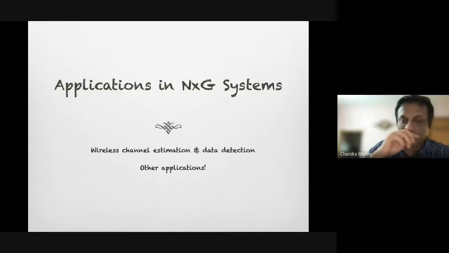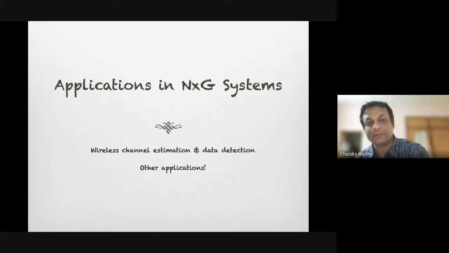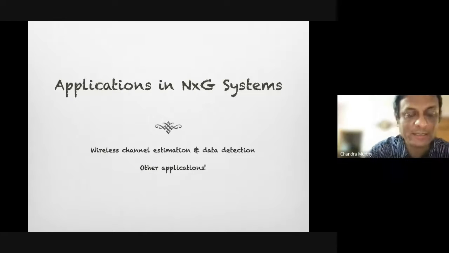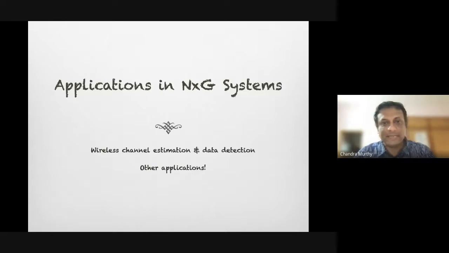Now, if your secondary user is sitting close to any of these primary transmitters and receivers, then it needs to sense the spectrum accurately, and it only needs to sense the primary users in its vicinity. The other users who are far away, it need not care about.